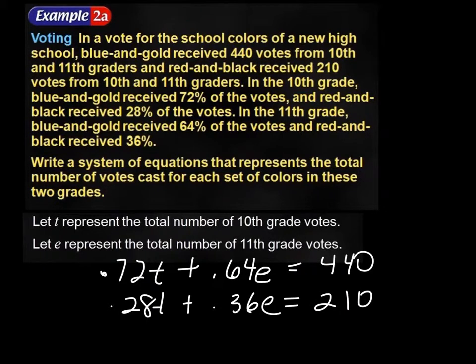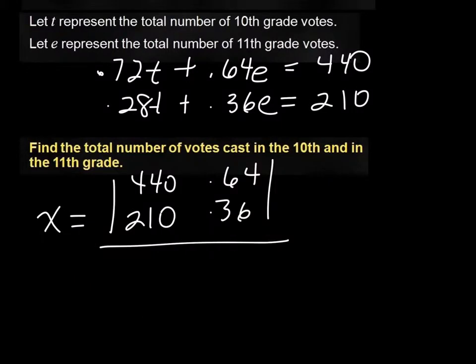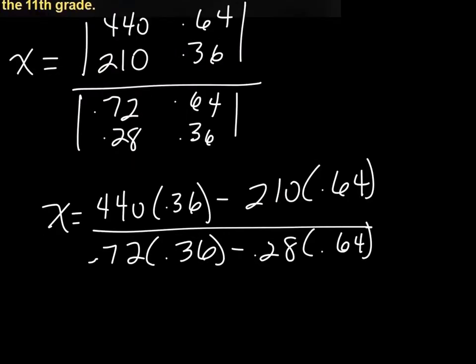Now that is not a system I would like to solve with either substitution or elimination. I can't help myself. I had to write X. Makes more sense. Okay, so for the X column, where there should be an X, we put the constants and then the coefficients of Y. And then in the denominator, it's just coefficients of X and coefficients of Y. So now what's left is just evaluating the determinants, which 2 by 2s are not too bad.